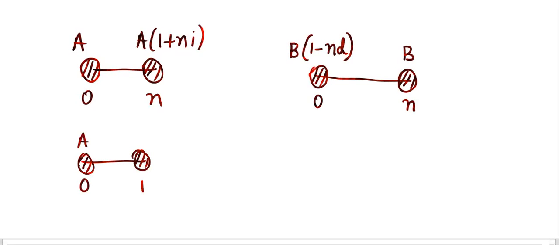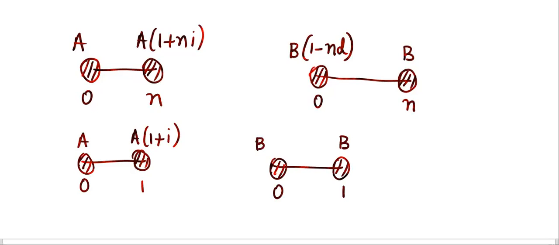a into (1 plus i) is a plus ai. And here, from 0 to 1, b's present value is b into (1 minus d), with n being 1. So a gives ai interest, and bd is the discount at the start that gives b.